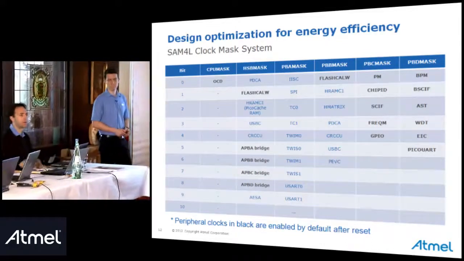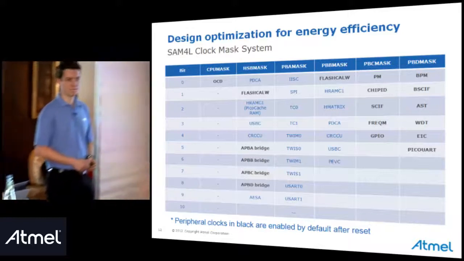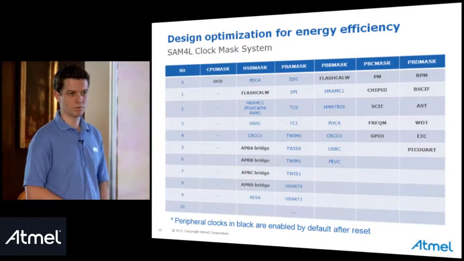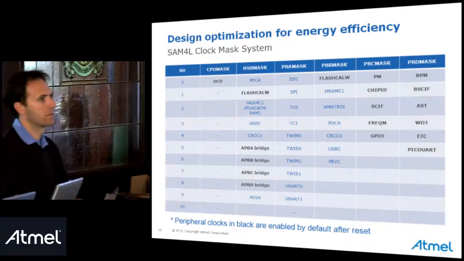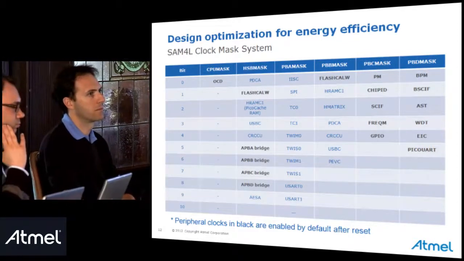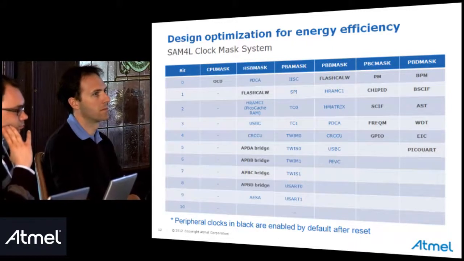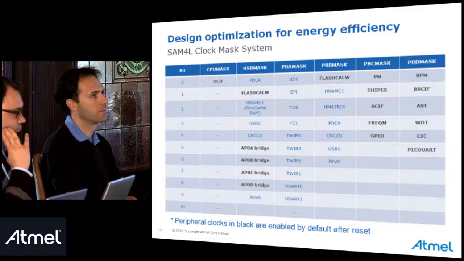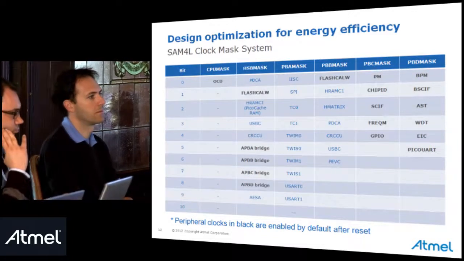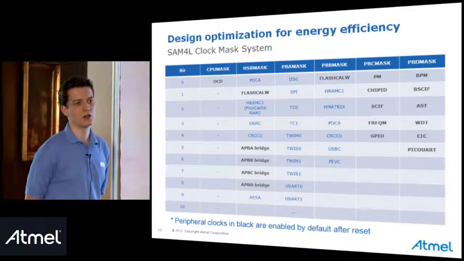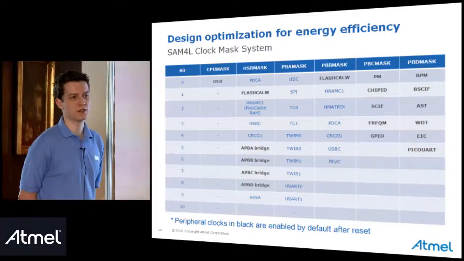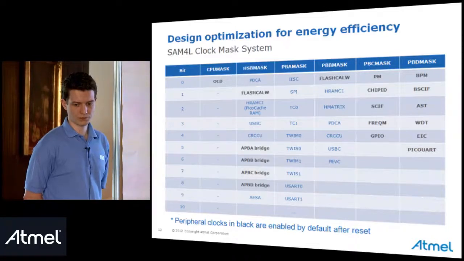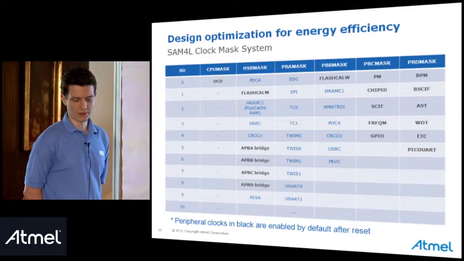On the SAM4L, is it possible to implement this on the application level and couple such a feature, let's say, with a non-maskable interrupt? You mean if we have a clock failure, how can we check this on the application level since we haven't implemented it in hardware on the SAM4L?